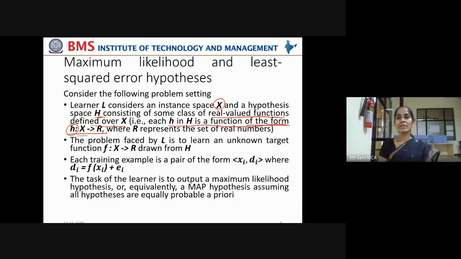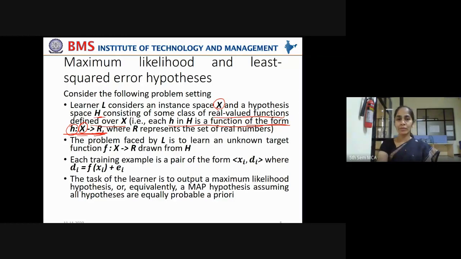In previous cases, in the classification task, what is the hypothesis? Learning a concept in order to classify something. Here, learning a concept in order to predict some value. How is it learning the concept? By going through the instances X and mapping them to a target real valued function R, where R represents the set of real numbers. It can be any numerical value.